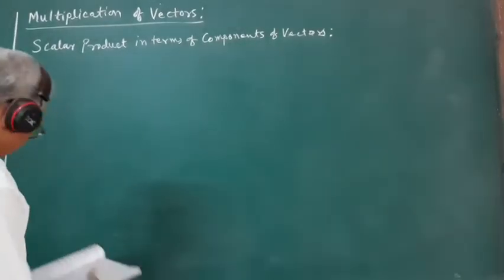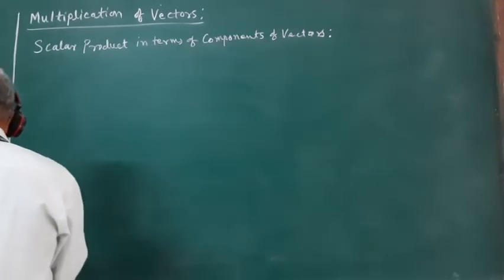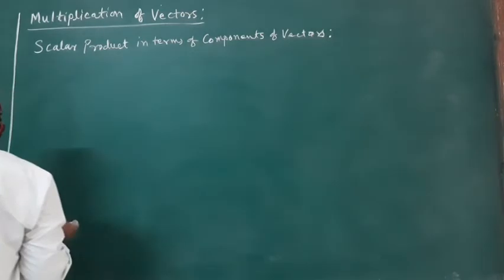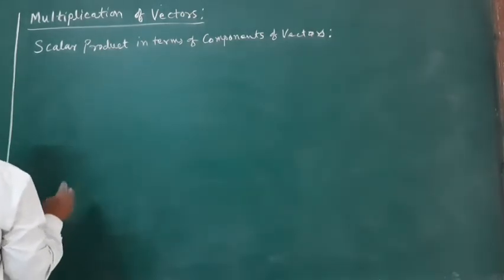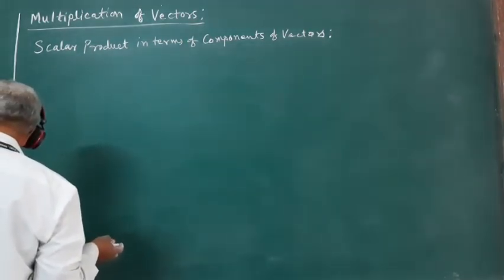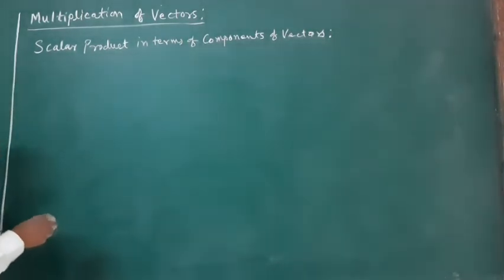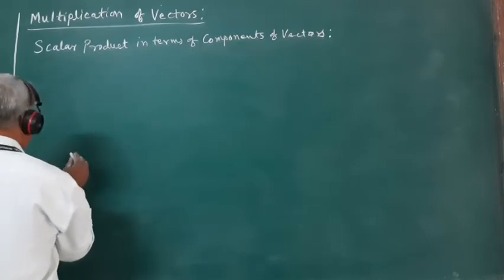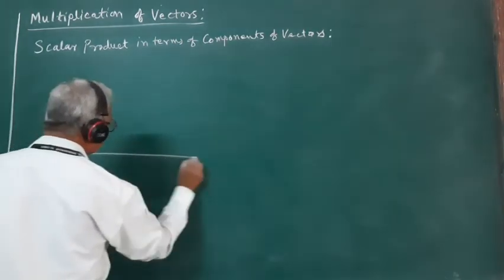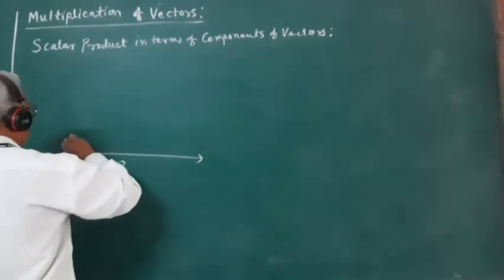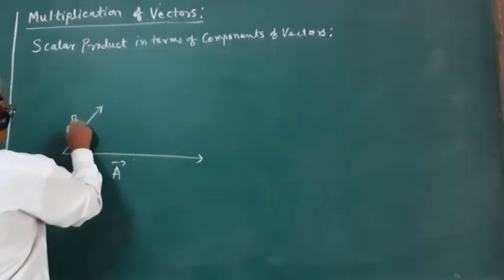So that can be explained like this. This scalar product is nothing but the product of the magnitude of one vector and the projection of the other vector in the direction of the first vector. Suppose we have this vector A bar, and we have this vector B bar.